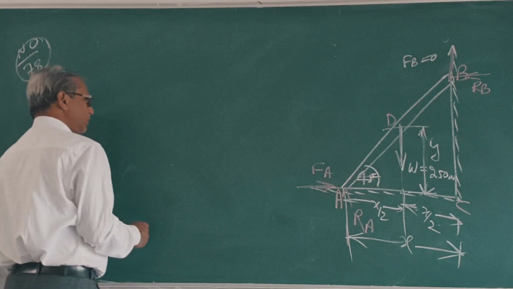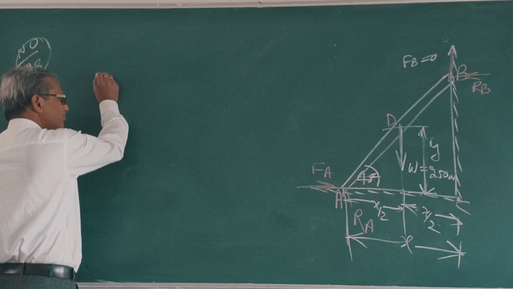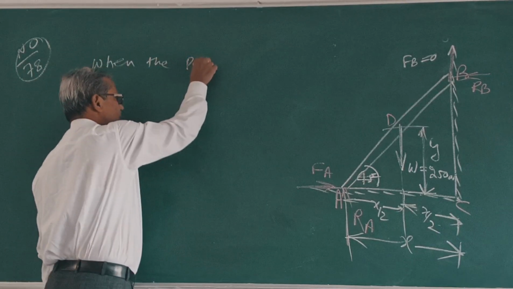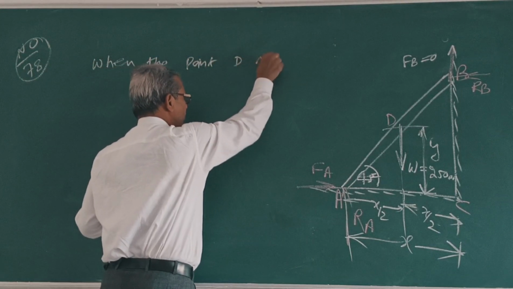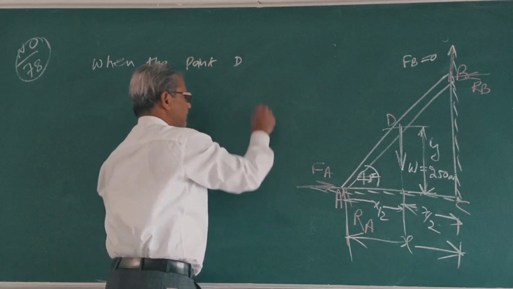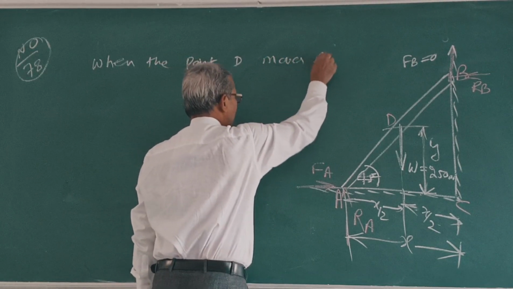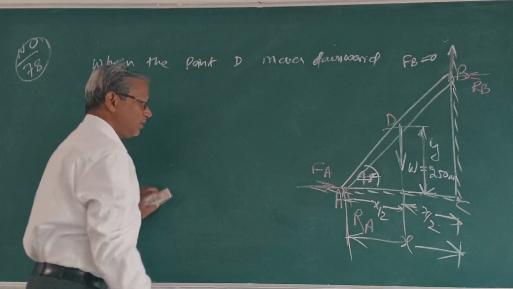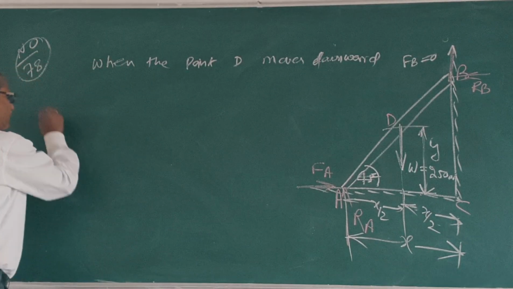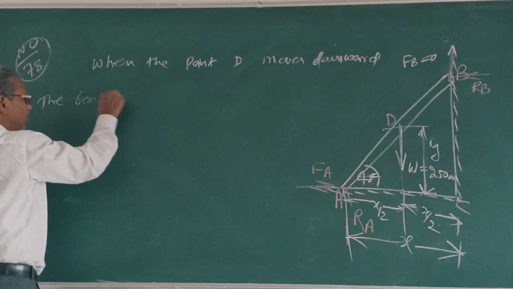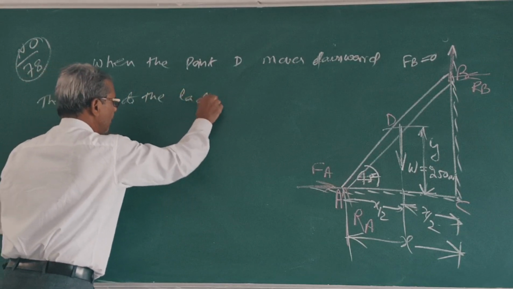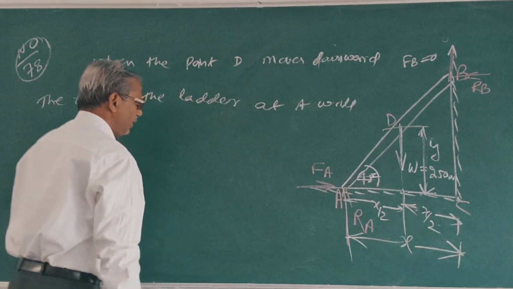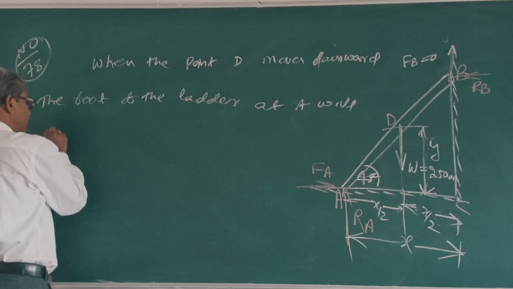Consider when the point D moves downwards, the foot of the ladder will move away from the wall.